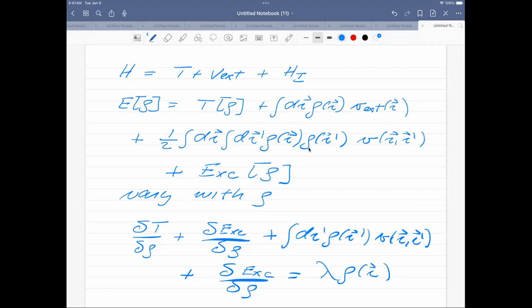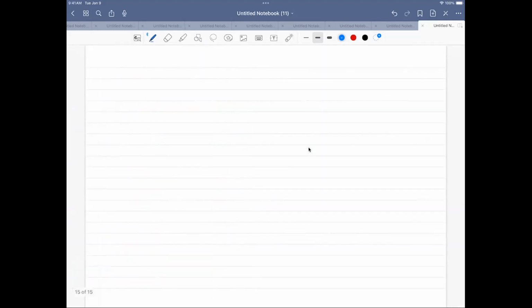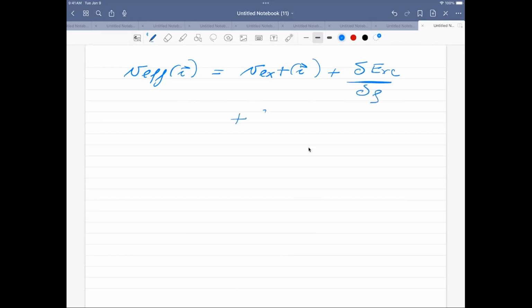So if I now redefine an effective potential, V effective, then what I have is an external potential plus this delta of the exchange term with respect to rho, plus this term of d of R prime, rho of R prime multiplied with this potential term.